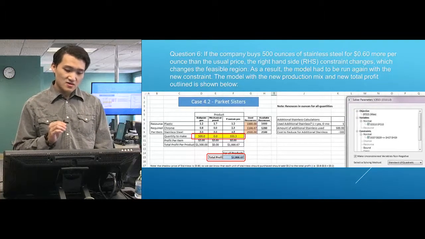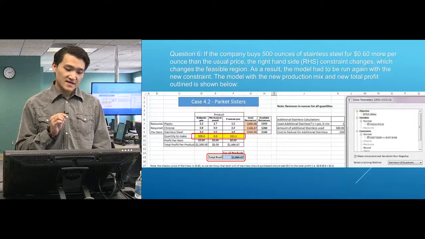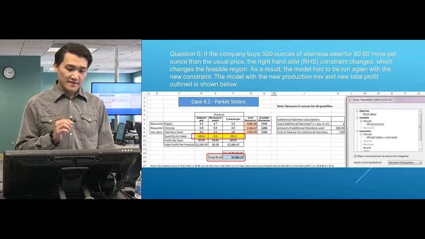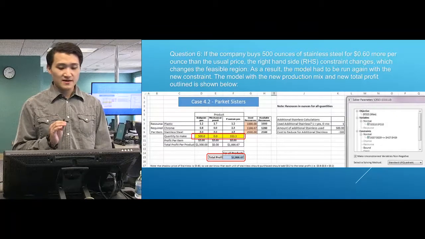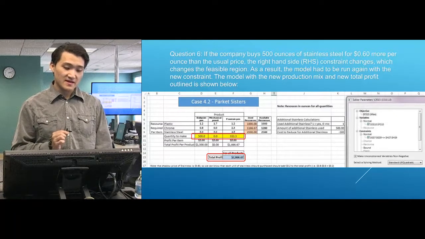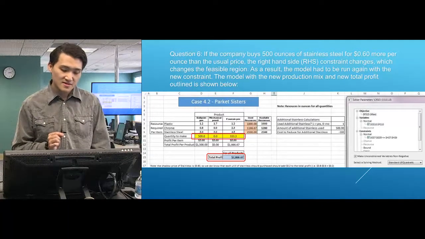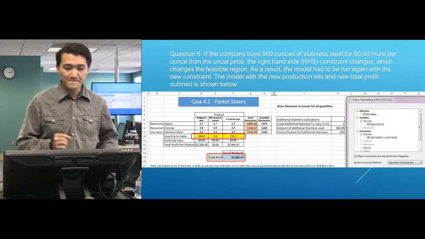And the new total profit is 2,866.67, and we should make 500 for the ballpoint pen, 0 for the mechanical pencil, and 333 for the fountain pen.